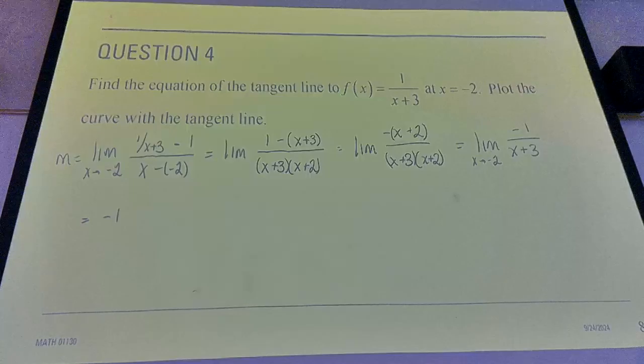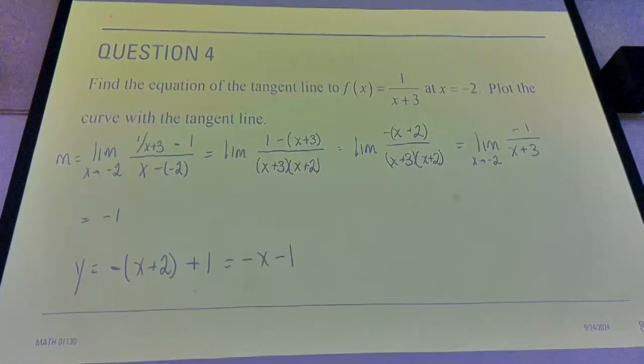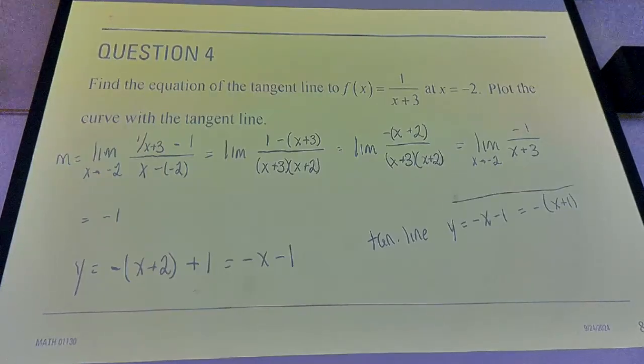Second line. Minus 1 times x minus minus 2 plus f of minus 2. Negative x minus 1, or negative quantity x plus 1. Either one would work.